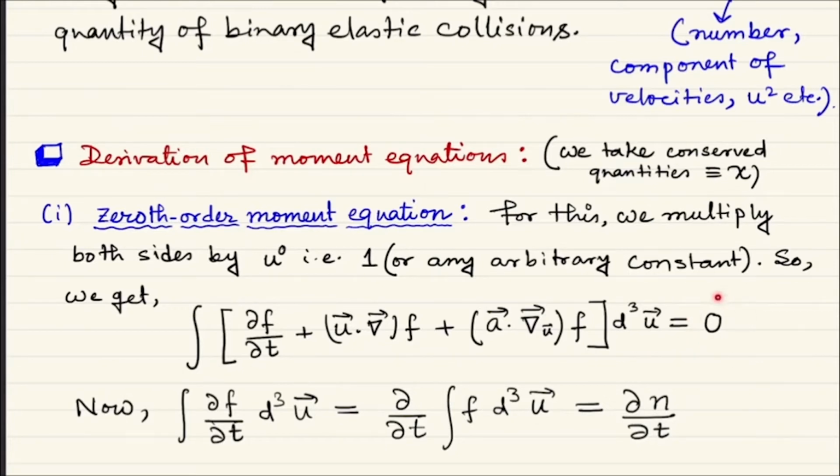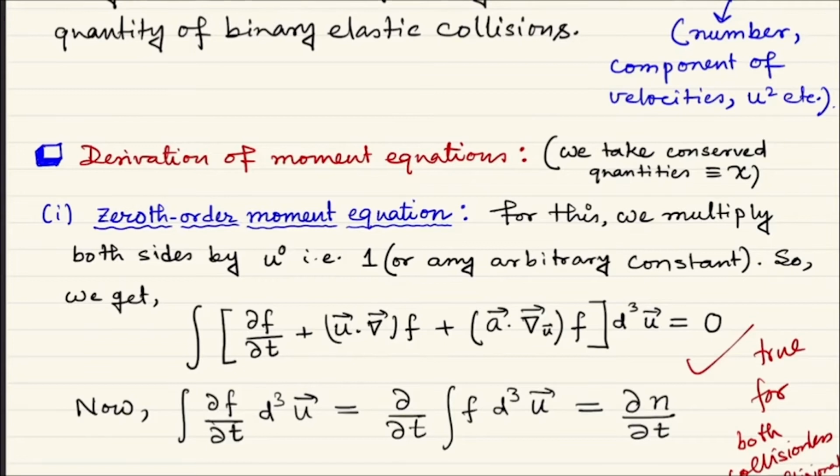And the right hand side, here is the catch: from this we cannot easily understand whether this is a collisionless Boltzmann equation or a collisional Boltzmann equation, because this is true for both collisionless and collisional Boltzmann equation.